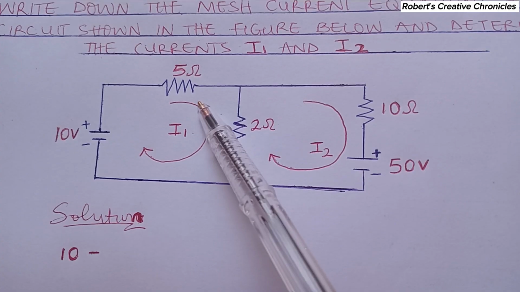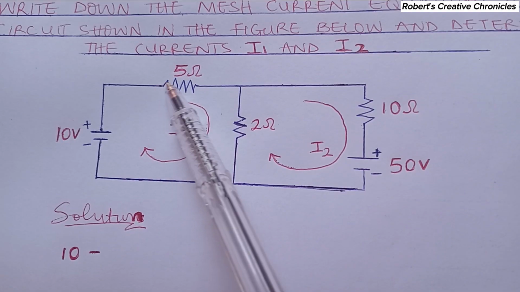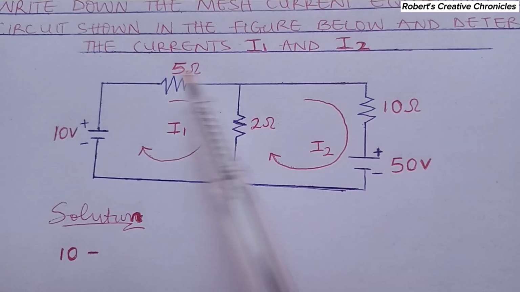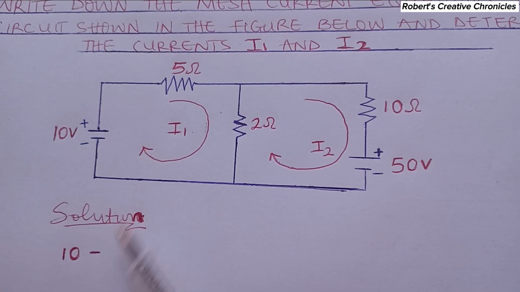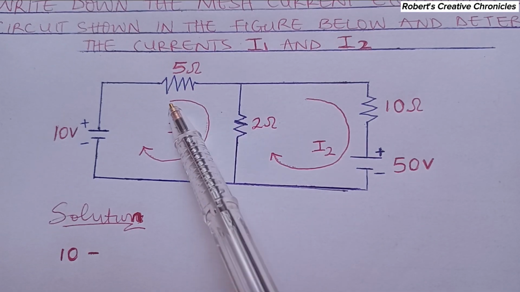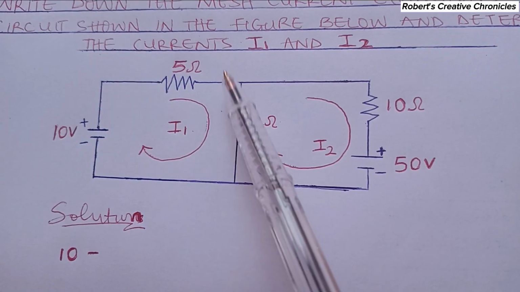So since we are moving in the same direction as the current flowing through this resistor, that means we are following the current from higher to lower potential. That means there will be a negative sign here, because we are moving in the same direction as the current through this resistor, which is from higher potential, positive, to negative.